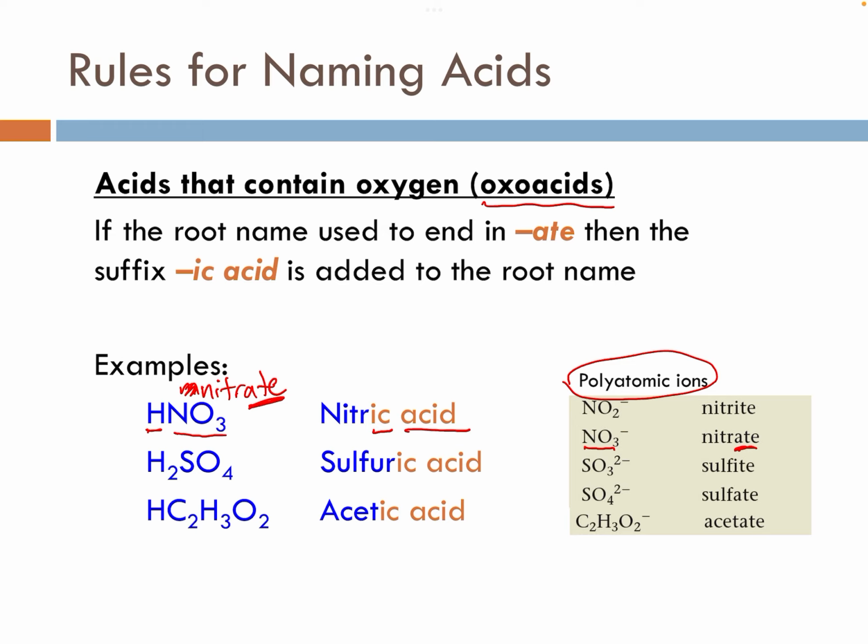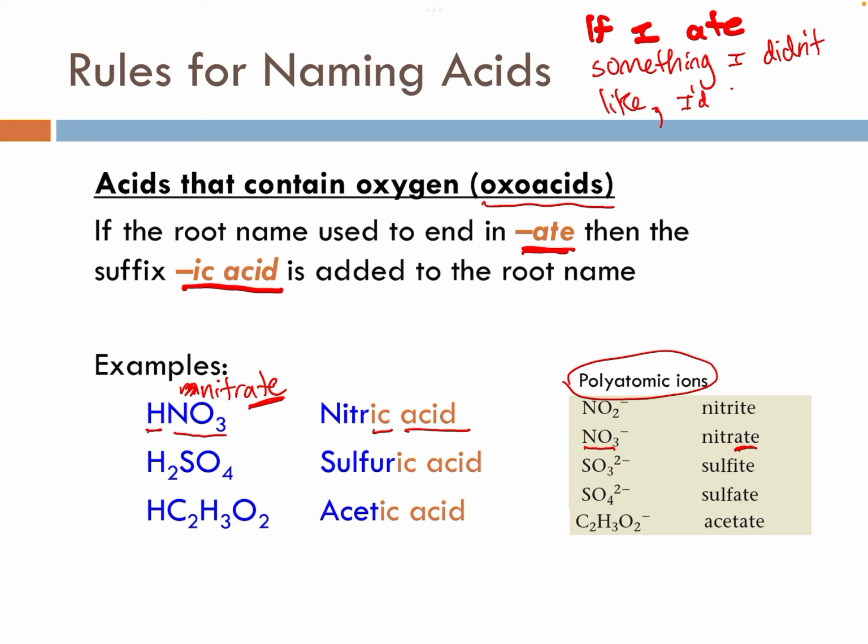Now, how in the world do I remember that I'm going to replace all the polyatomic ions that end in ate with ic acid when they become an acid, when they gain that hydrogen? Here's how I remember it. If I ate something I didn't like, perhaps an acid, maybe I don't like acids, then I'd probably say ick.